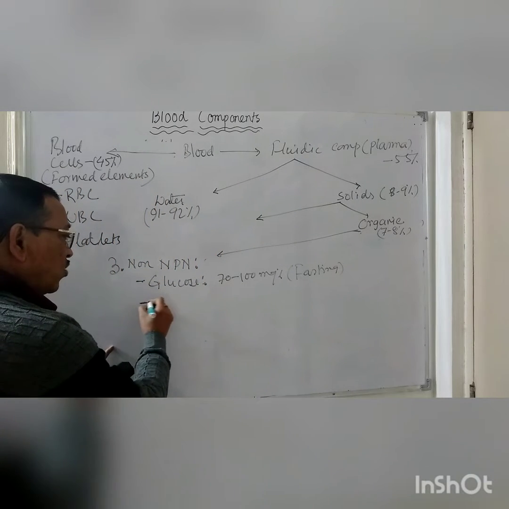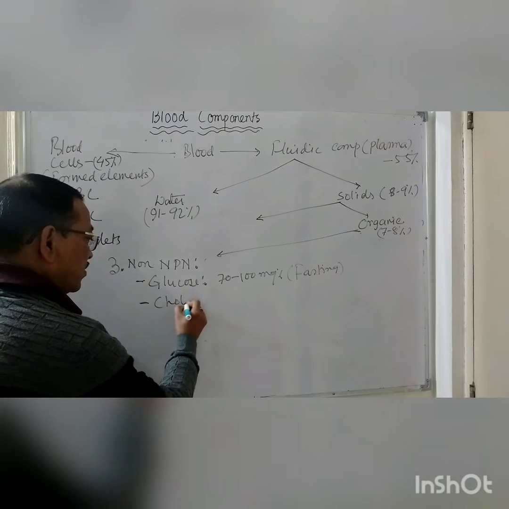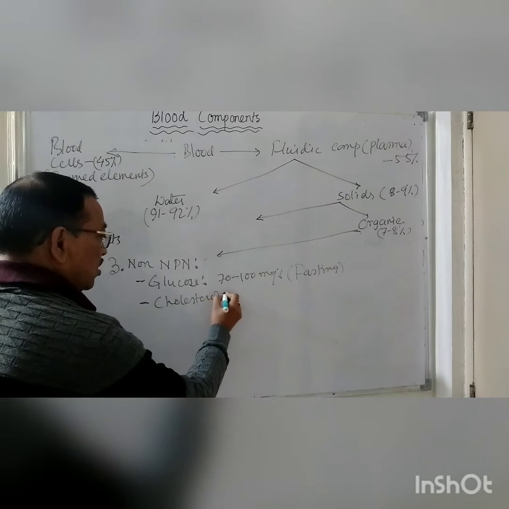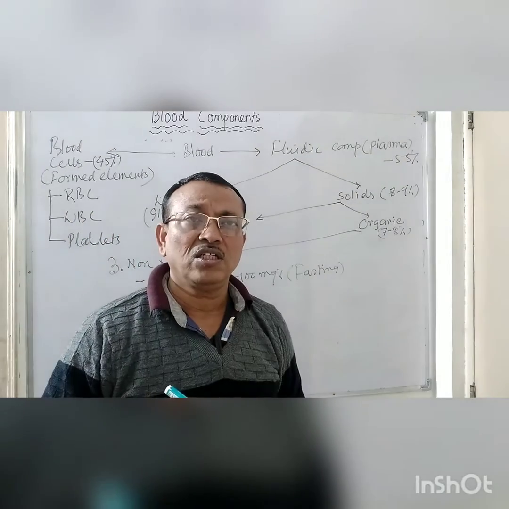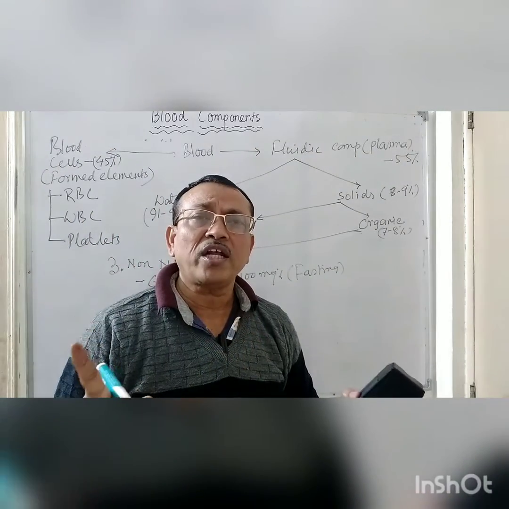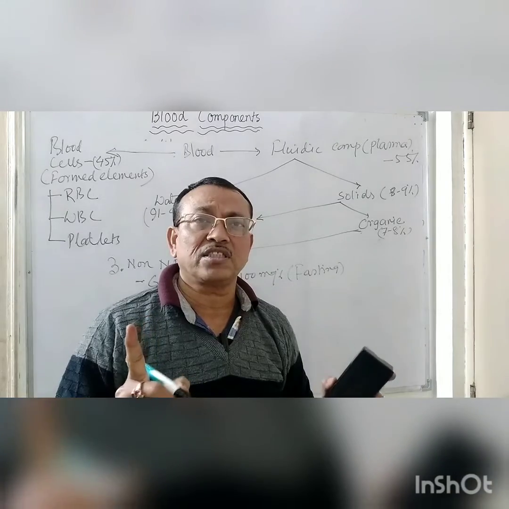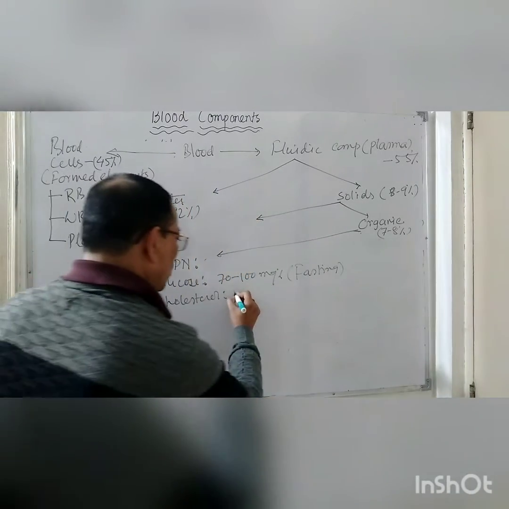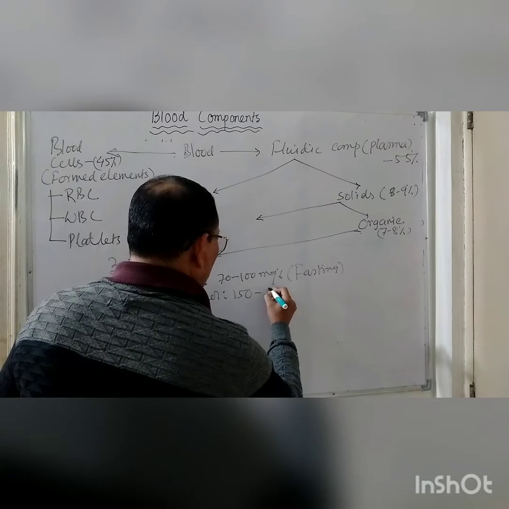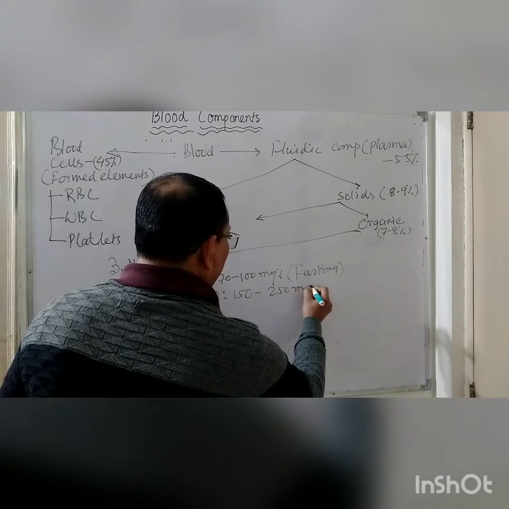Second one is cholesterol. Cholesterol is the second type of non-NPN substances, neither protein nor nitrogenous. Its normal range is 150 to 250 milligram percent.